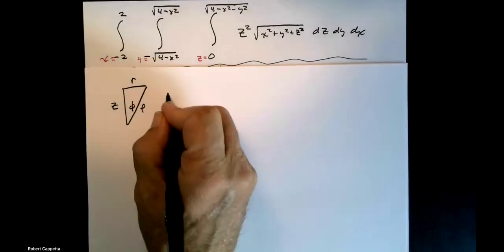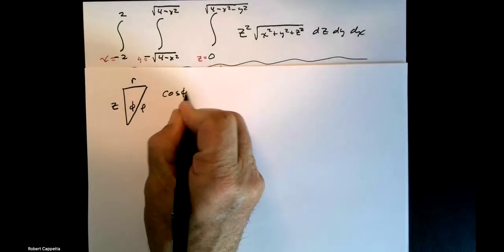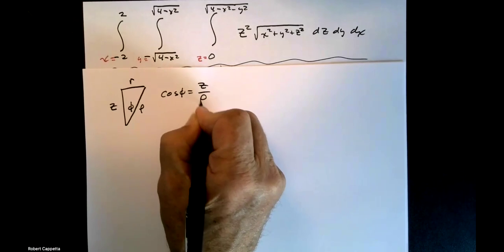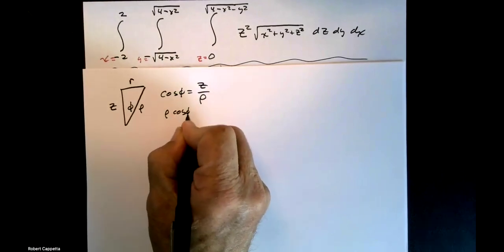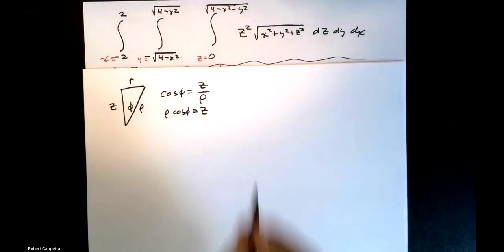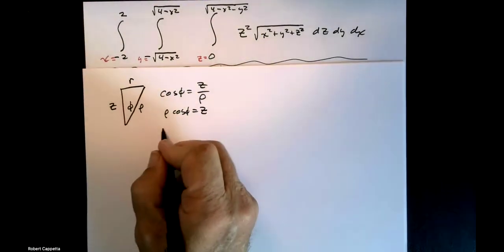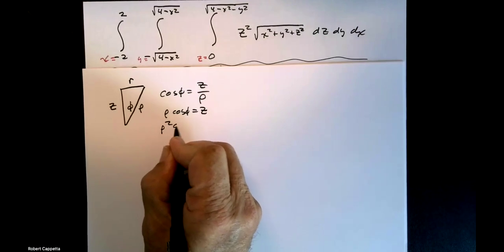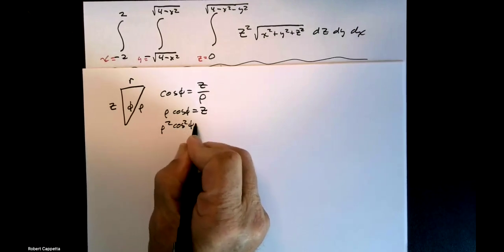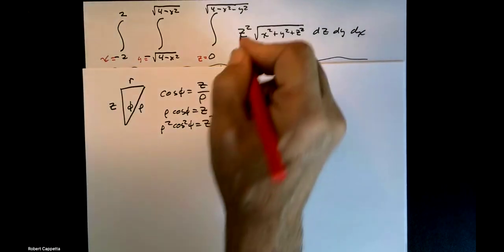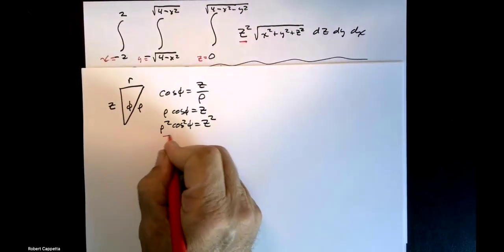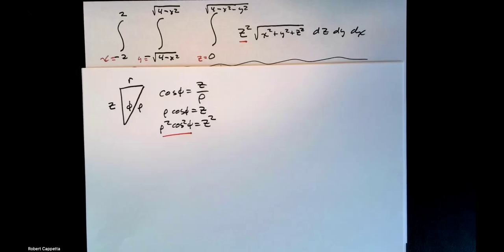Cosine of phi was z over rho. So rho cos phi equals z. And I need z squared. So rho squared cos squared phi is z squared. So let's keep that in mind. There's our z squared.